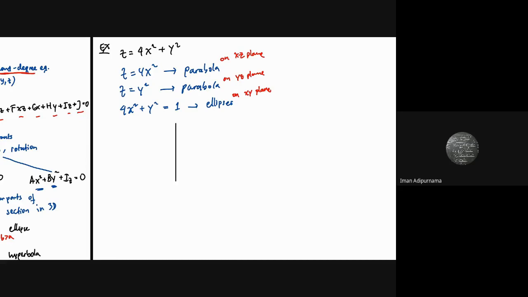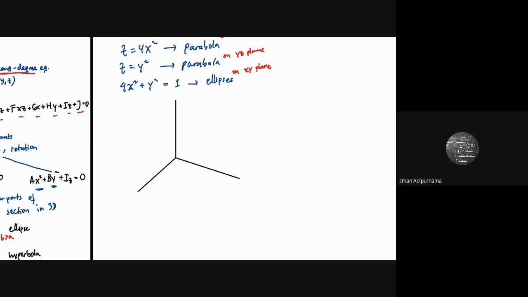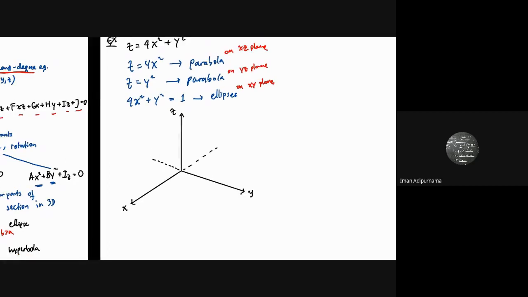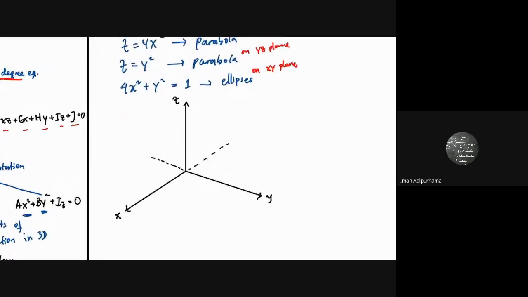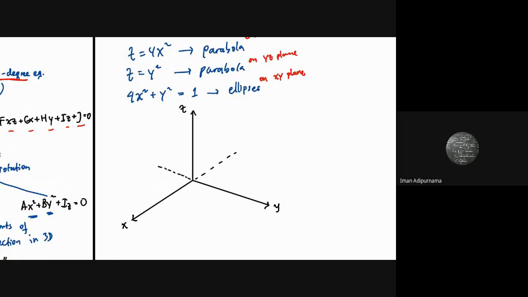So if we want to make the drawing, the sketch, okay, I think the z negative is not necessary. So start from z equals y squared. z equals y squared is just a normal parabola, like that.